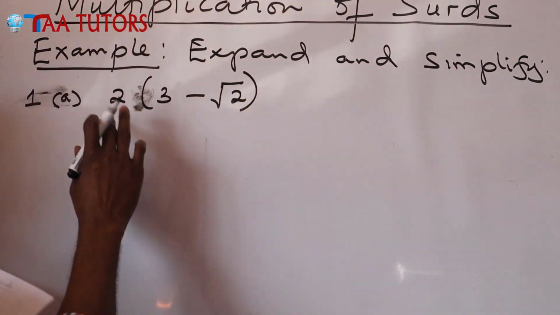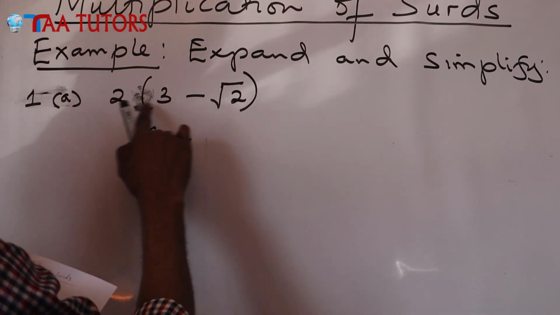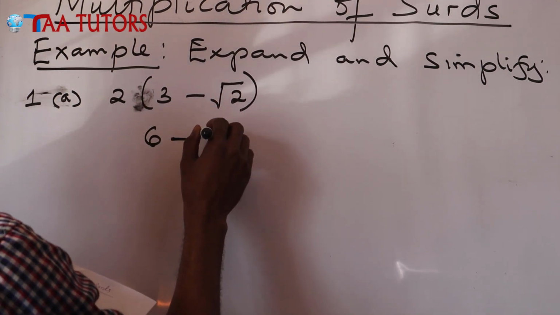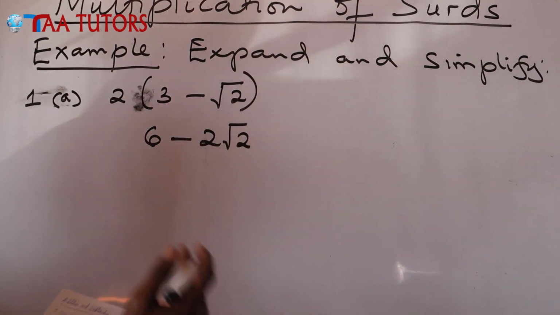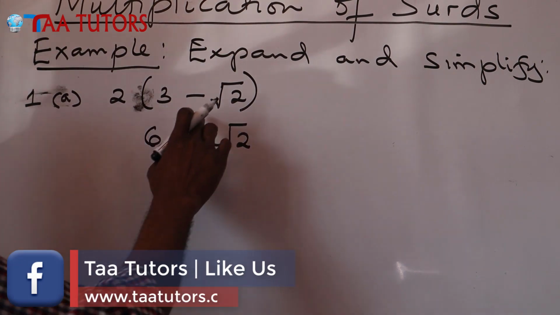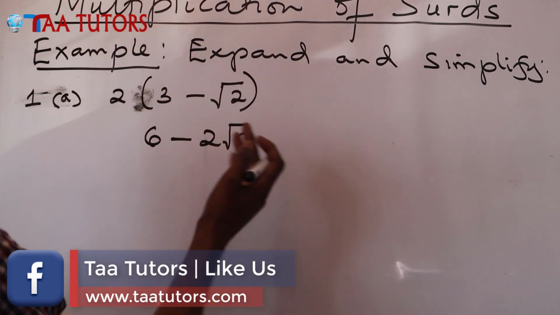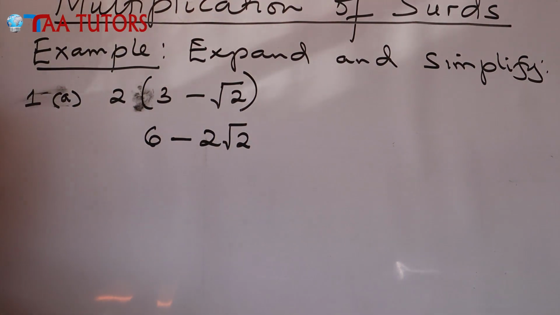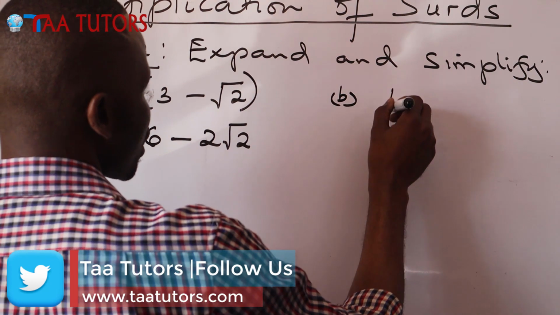So if I have 2 times 3, that one you know is 6, minus 2 times surd 2 will just be 2 surd 2. I said that surd 2 is like x, so if I say 2 times x, it's 2x. But if I have surd 2 here times 2, it is 2 surd 2. Don't say surd 2 times 2. These 2 must be the coefficient, so it must appear first.